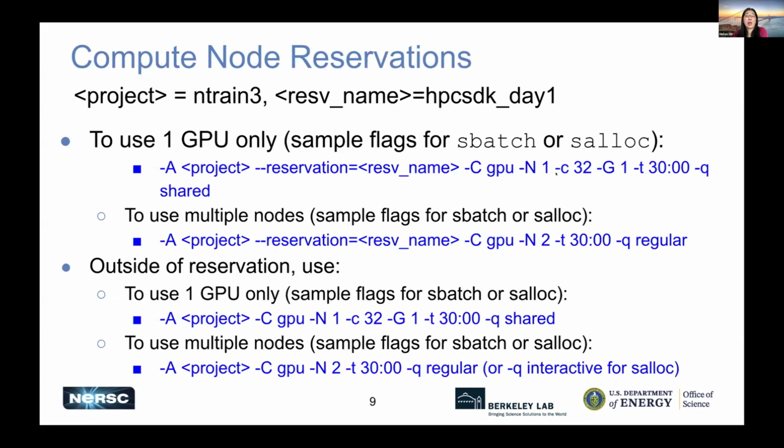We are actually using shared, so -q shared, and you ask for 32 CPU cores and one GPU on this big GPU node. We don't use multiple nodes today. Outside of the reservation, use almost the same thing, except remove the --reservation flag. This is for SSH login on a terminal.